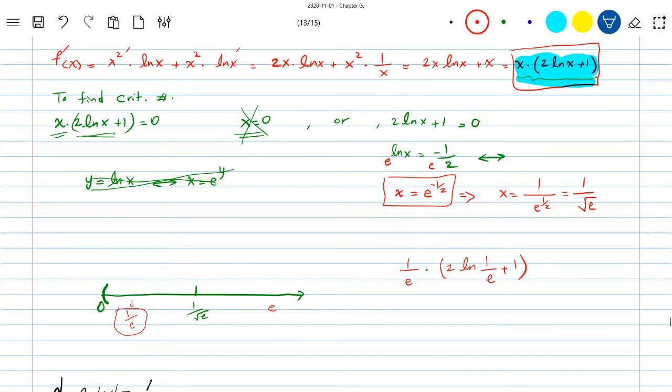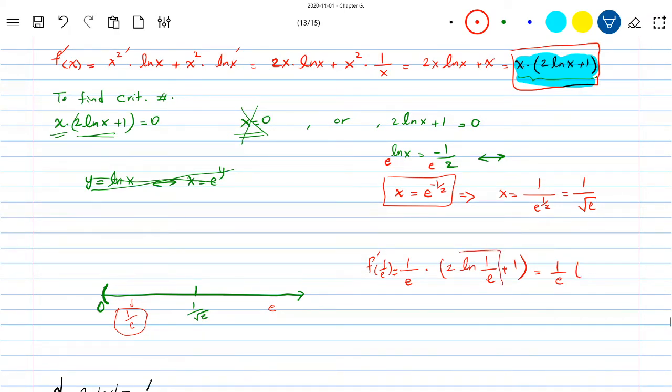I replaced x with that to see what I get as the result for the derivative. This is f prime at 1 divided by e. You don't need to find out the number, you just need to figure out what the sign is. Again, if you have a calculator, it's easy.